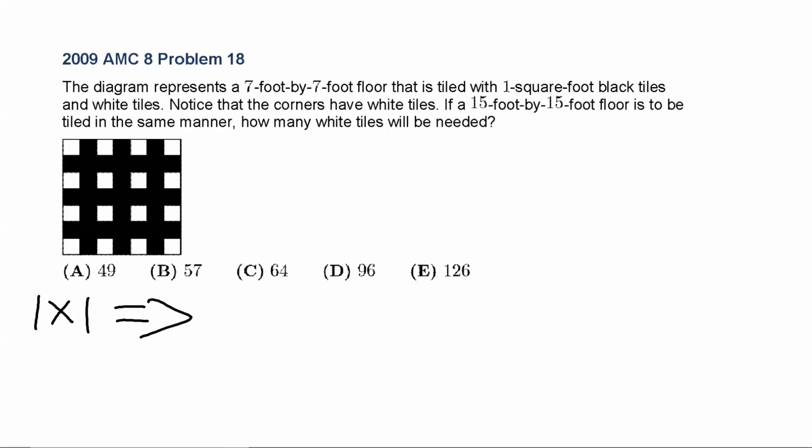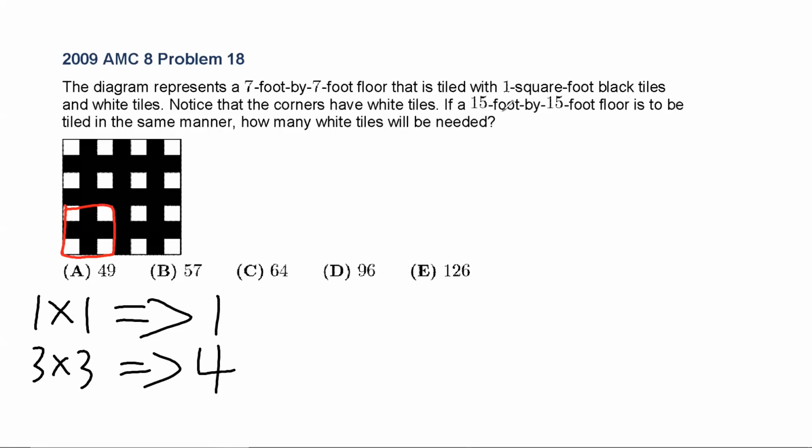Right, obviously 1, because that's just this little piece of floor right there. If you had a 3 by 3 floor, how many white tiles would you need? Right, you would need 4. Because if I draw 3 by 3 here, you can count 4 white tiles.